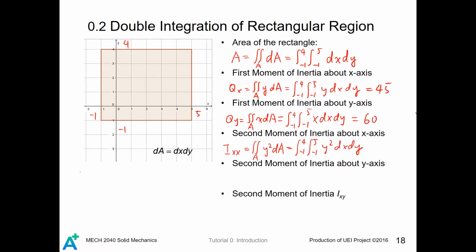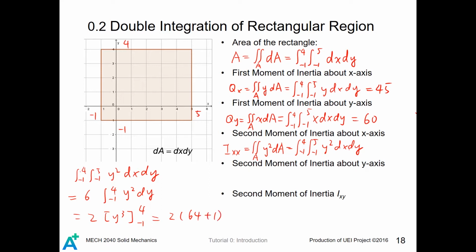So we copy it here. It equals 6 times the integral from -1 to 4 of y squared dy, which equals 2 times y cubed. 4 cubed minus 1 equals 2 times 64 plus 1 equals 130.